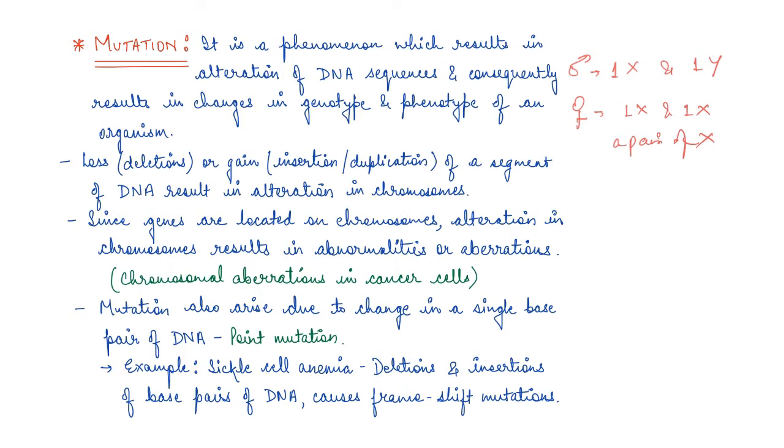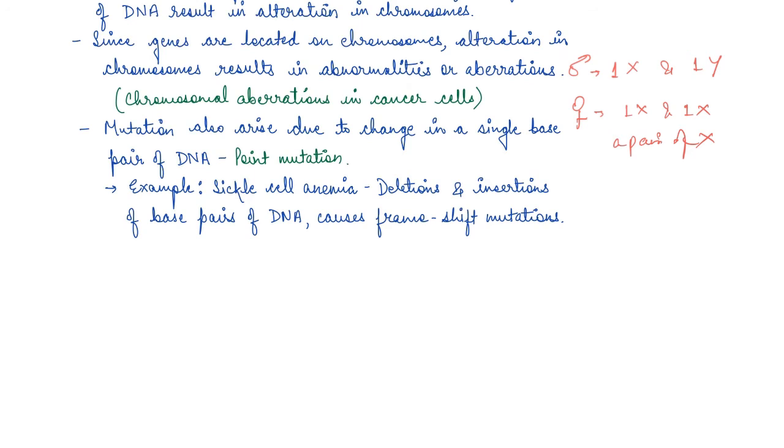Now, an example of point mutation is sickle cell anemia, right? Deletion and insertion of base pairs of DNA can occur, and this basically causes frame shift mutation.